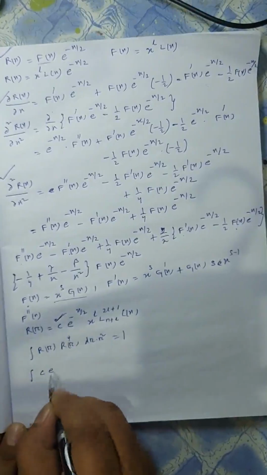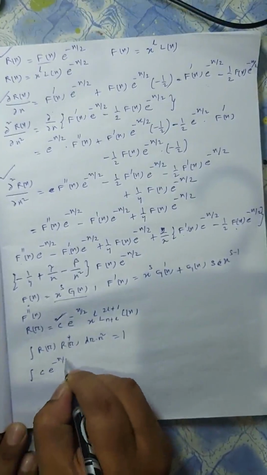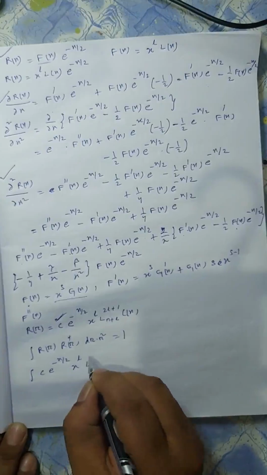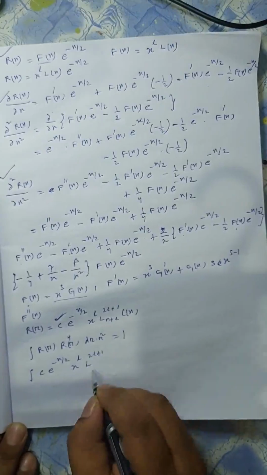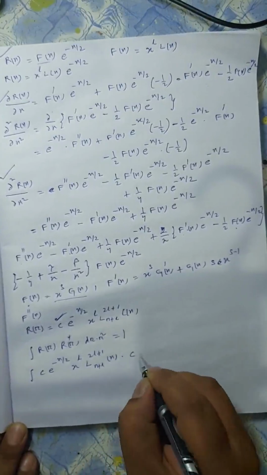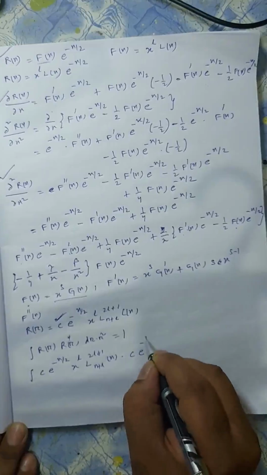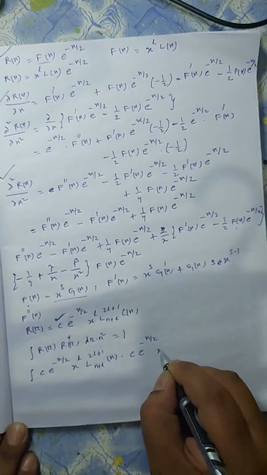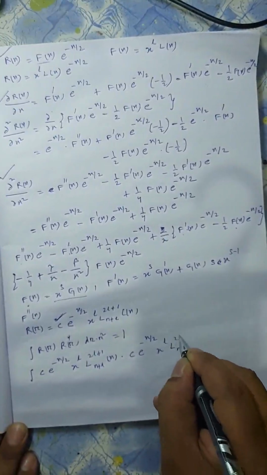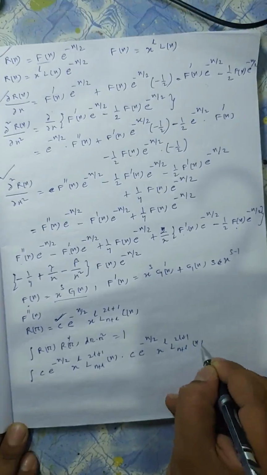I write C e to the power minus x by 2 x to the power l L(n plus l)(2l plus 1)(x) times C e to the power minus x by 2 x to the power l L(n plus l)(2l plus 1)(x).